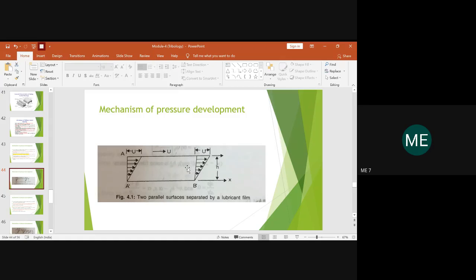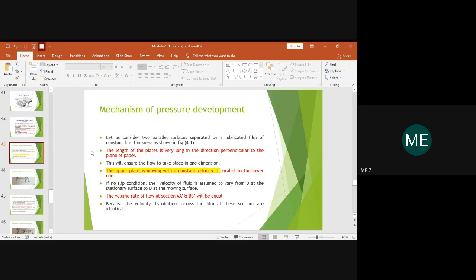So you should have the assumptions very clear, right? The plates are kept for a longer length in the direction perpendicular to the plane, and the flow is assumed to be in a single direction, so it is one dimensional.